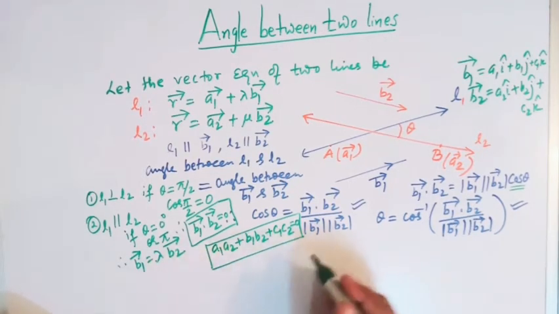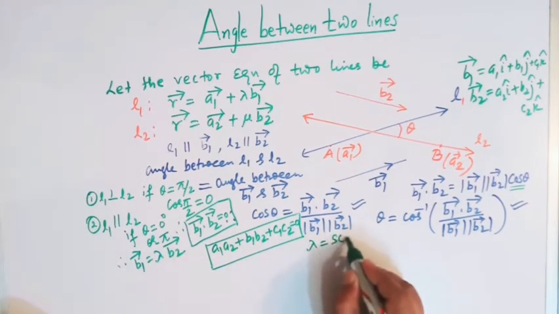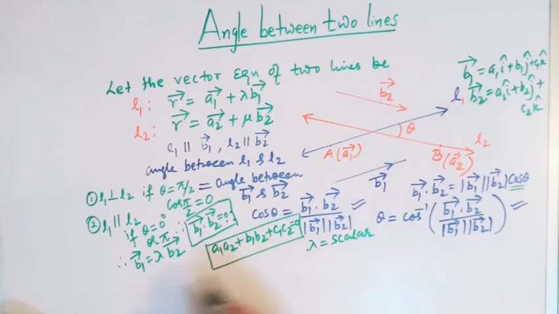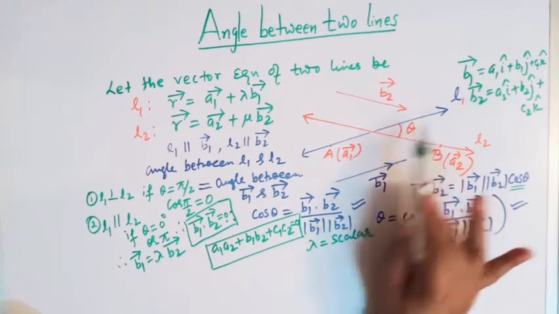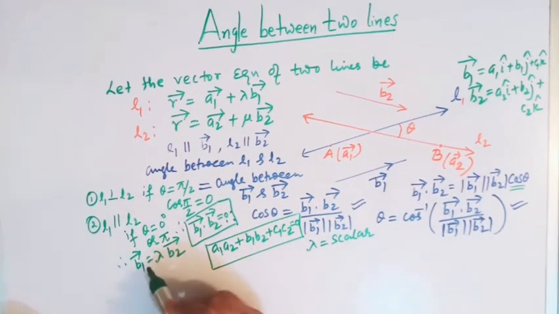Here lambda is some scalar, and when L1 is parallel to L2, then this vector b1 may be a scalar multiple of this vector b2, right?